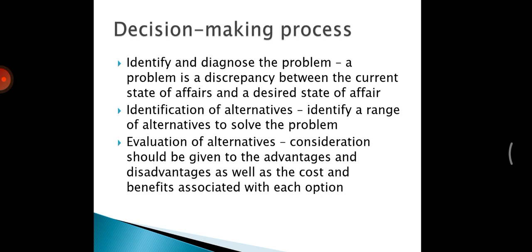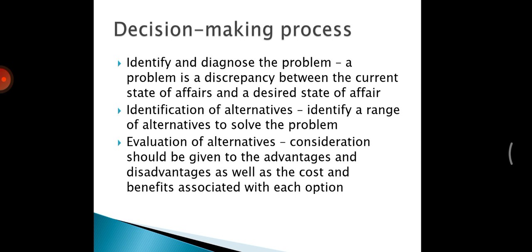Number 1 is identify and diagnose the problem. The same thing we can apply, as we previously saw in creative problem solving. So in decision making also we can bring in these 6 processes. First identifying the problem, then identification of alternatives: what are the alternatives we can follow? Then evaluation of alternatives.